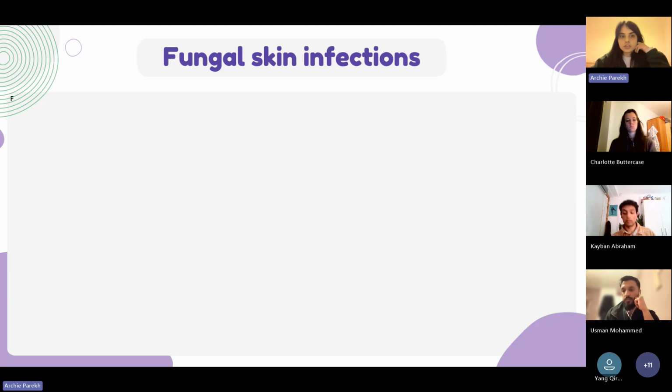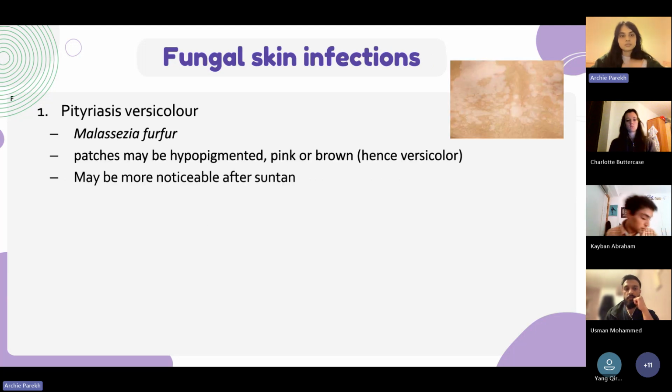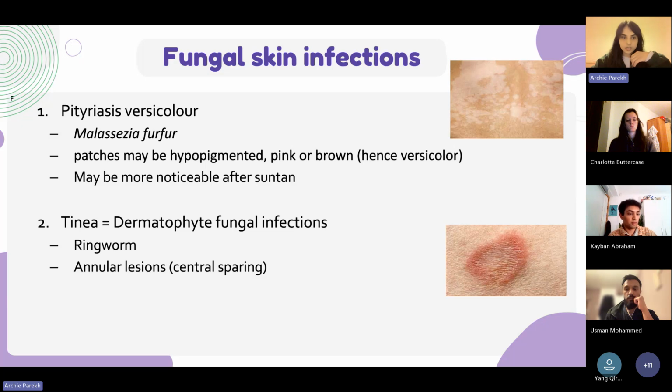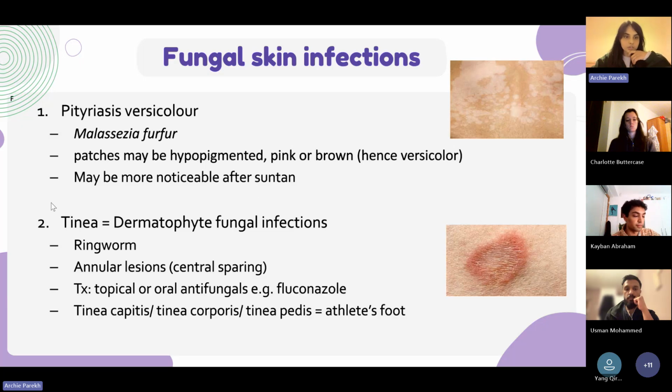Fungal skin infections, this is just a quick overview of them. So your tinea infections can be basically anywhere on your body. You can have tinea capitis on the skull, you can have tinea corporis, you can have tinea pedis, etc. This is just your ringworm, which causes the annular lesion, where it's a ring-like lesion with central sparing.